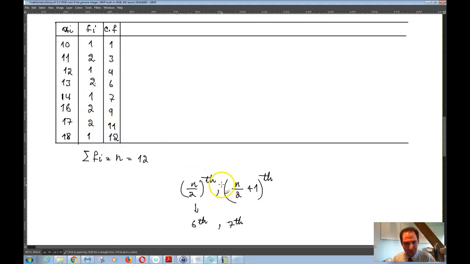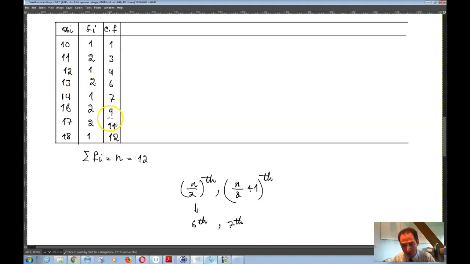So now I know that all the way up to the third observation, I have my observations over here, or all the way up to the fourth observation, this is the fourth observation. All the way up to the sixth observation, and so on and so forth.